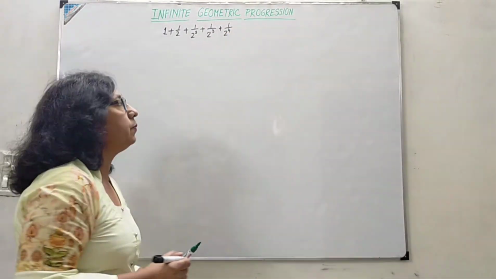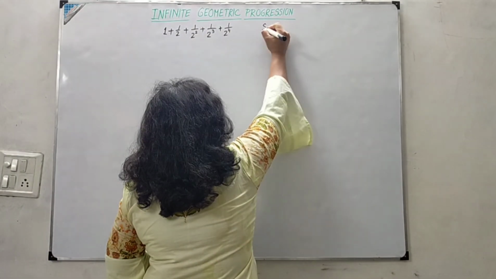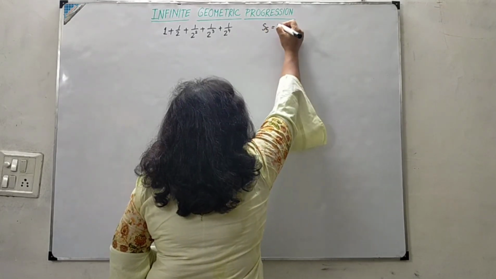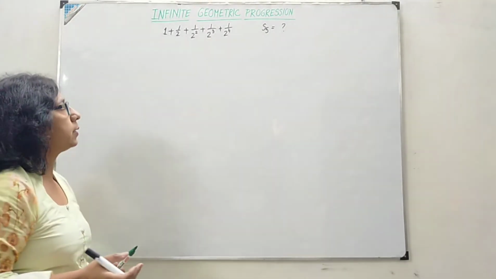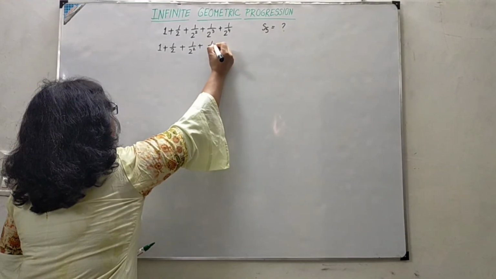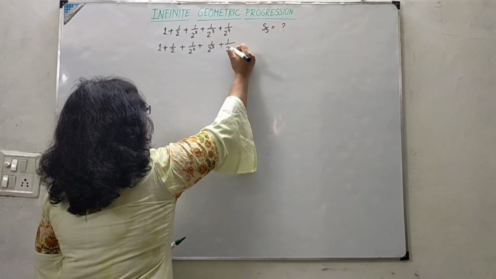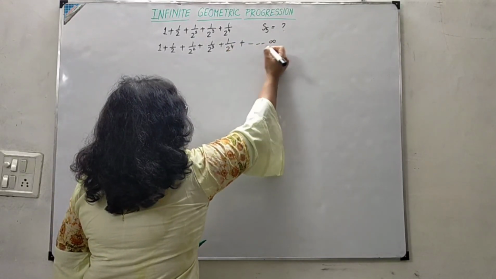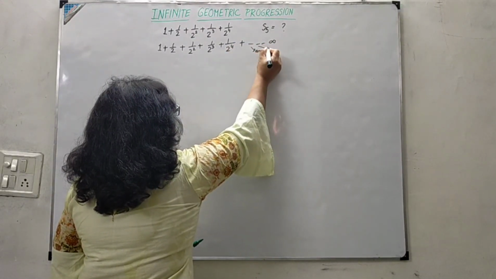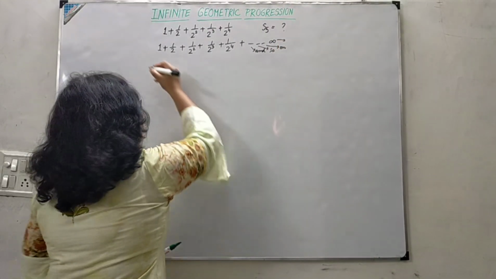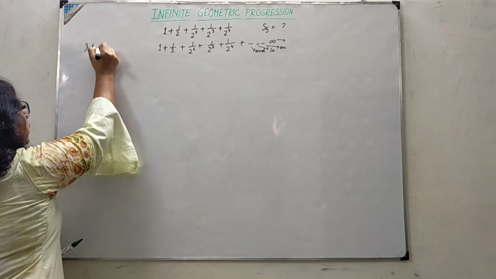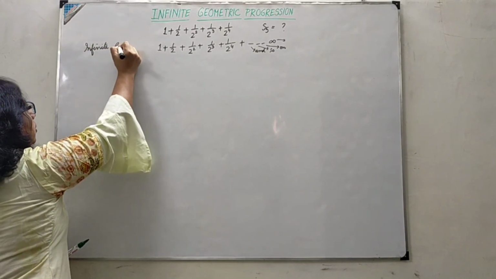Suppose there are 5 terms, so we can find S5 easily, and that is denoted by S5. We can find Sn, etc. But if we have the same sequence with infinite terms, and so on, and the symbol is for infinite, so this is an infinite geometric series.